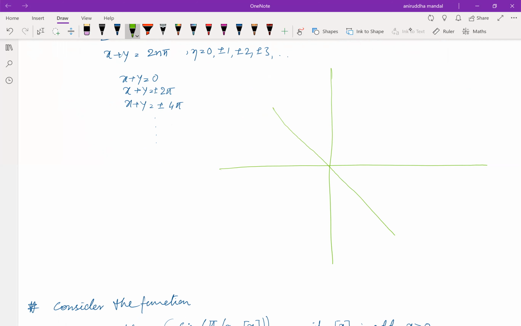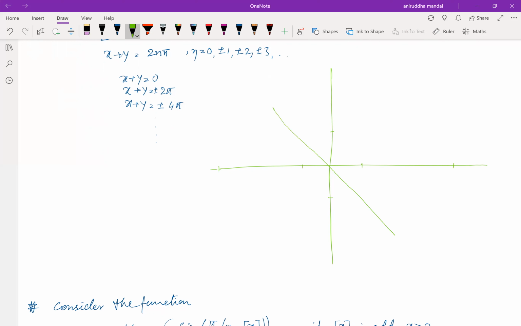Now x + y equal to plus or minus 2 pi. 2 pi is approximately 6.28. So say this is 1, then 2, 3, 4, 5, 6. Here it is somewhere.